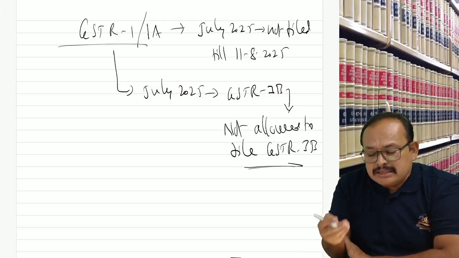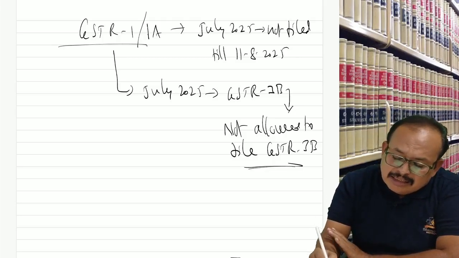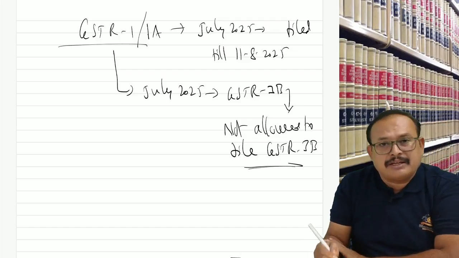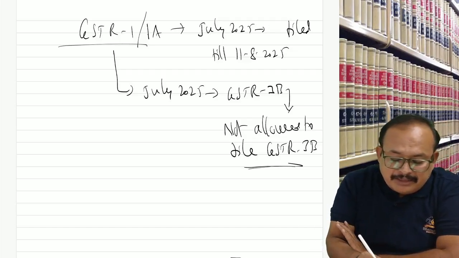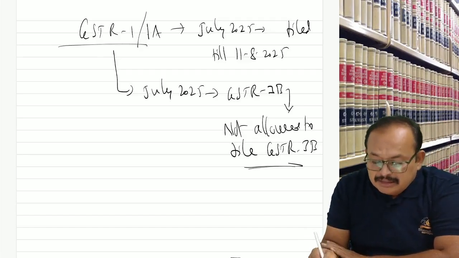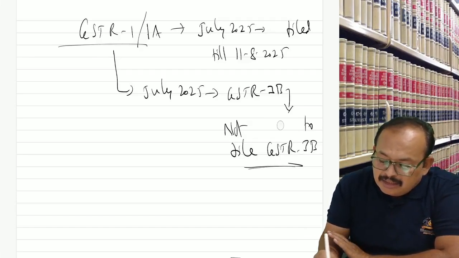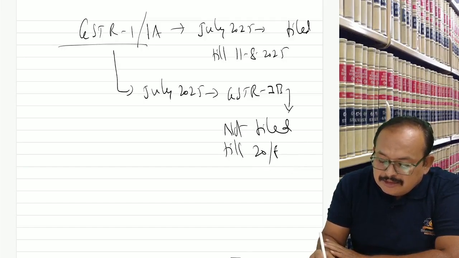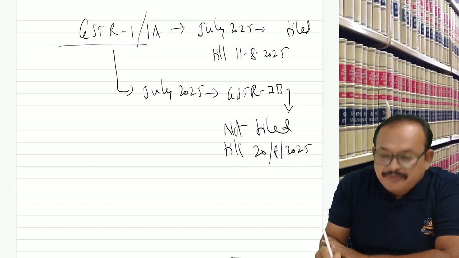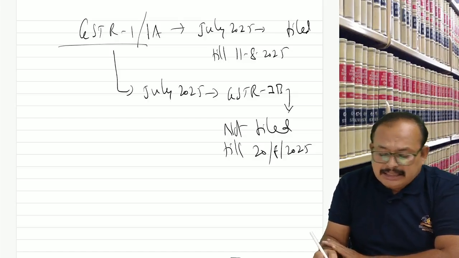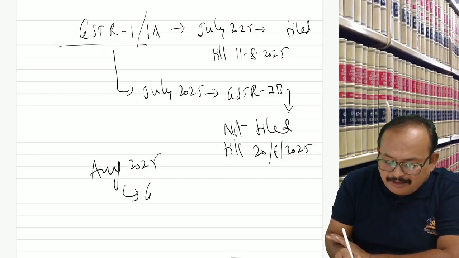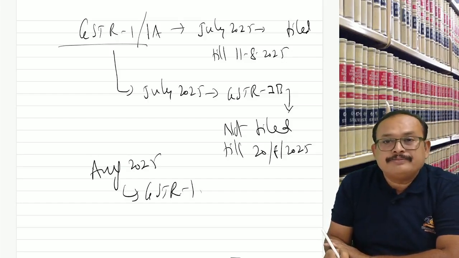Sir, GSTR 1 is filed, sir. But what is not filed? GSTR 3B. GSTR 3B not filed till 20th August 2025. Then next month, August 2025, can I file the GSTR 1?